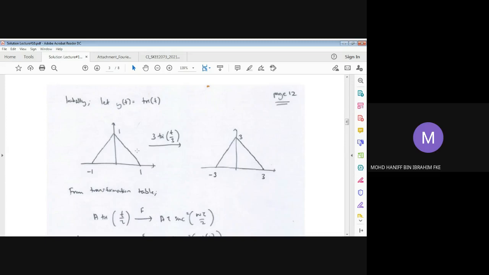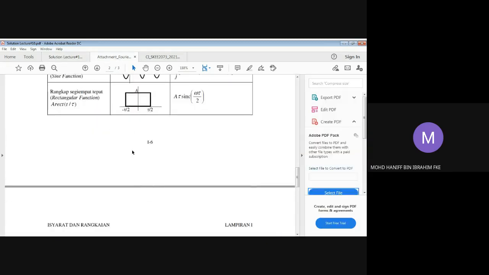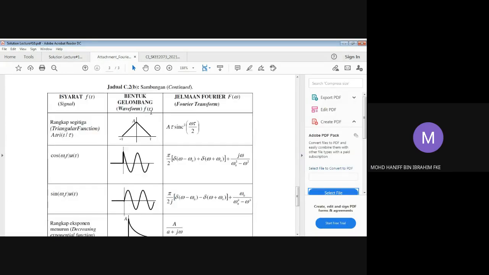That gives us the triangular t equation, which can be referred to in this table of attachment, the third page of the attachment. Basically, for triangular t, your amplitude A will be equal to 1 and your tau will also be equal to 1, so you're going to have the equation triangular of t only.